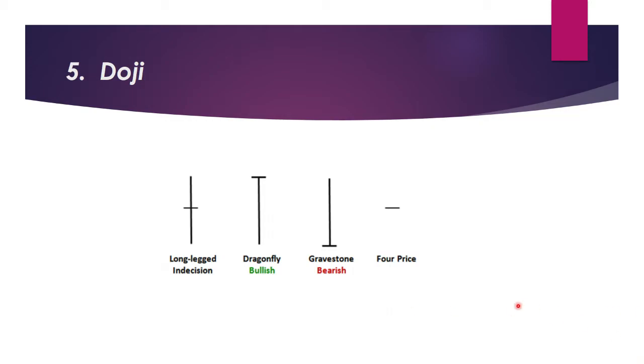We're going to talk about the long-legged doji, which is this little character right here. A long-legged doji has long upper and lower wicks, indicating that the price fluctuates on both sides during the course of the trading period. Eventually, the trading period ends with the close price retracting back to the opening price. This type of doji indicates market indecision.